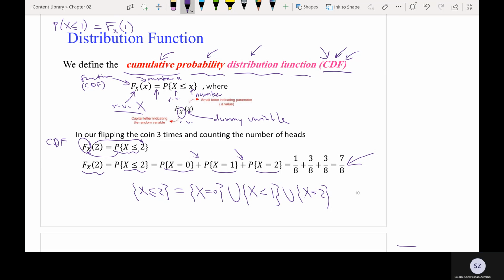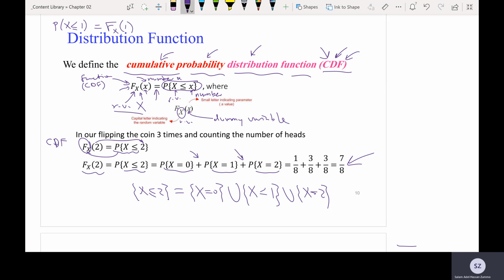So F_X(x) is equal to the probability that X is less than or equal to a specific value x.